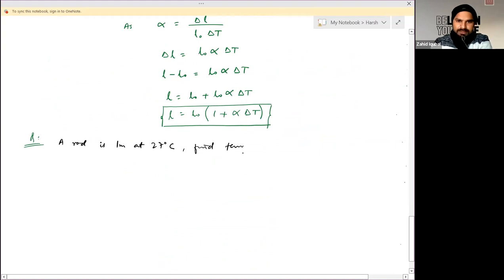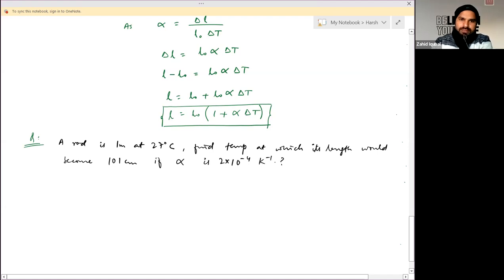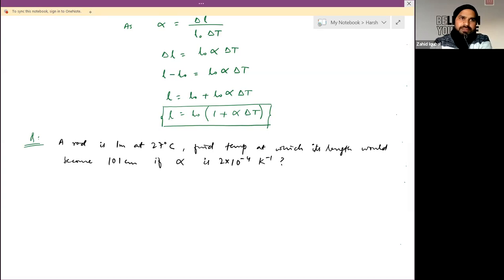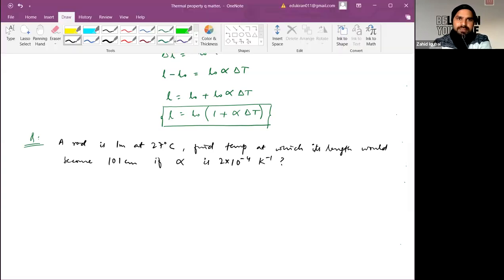Find the temperature at which its length would become 101 centimeter if alpha is 2 into 10 to the power minus 4 Kelvin inverse. Just use the above relation and try to find the new temperature.